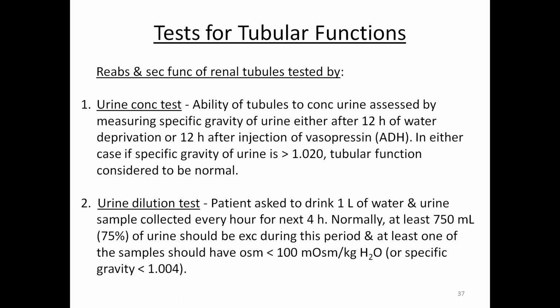Now there are some tests we do for tubular functions, which check the reabsorption and secretory function of renal tubules. One is the urine concentration test, which tells us about the ability of tubules to concentrate urine, assessed by measuring specific gravity of urine, either after 12 hours of water deprivation or 12 hours after injection of vasopressin or ADH.